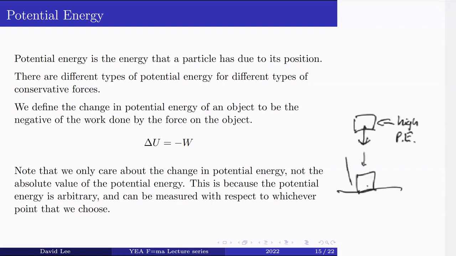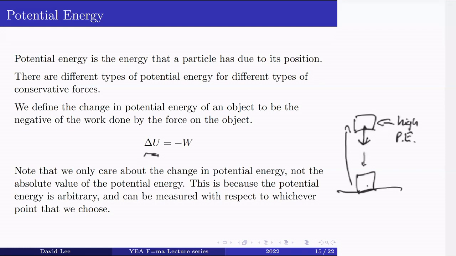As we carry it up, gravity is going to do negative work, but that will increase our gravitational potential energy. And also notice that right here, we have a delta U. This isn't a U, it's a delta U.